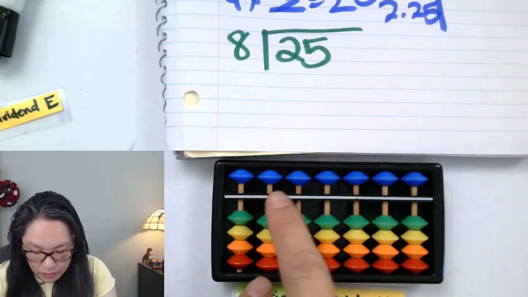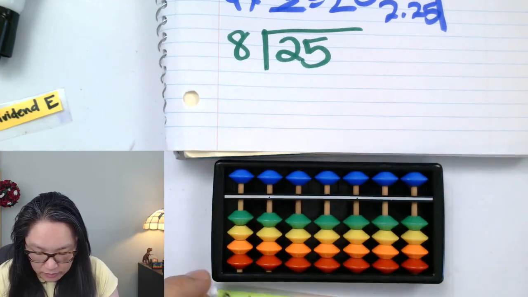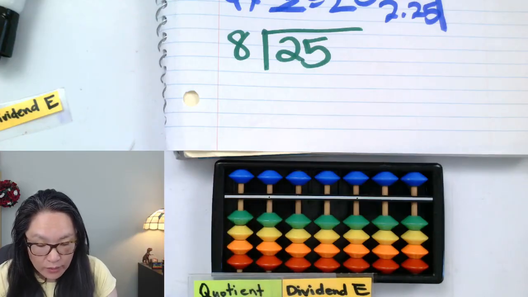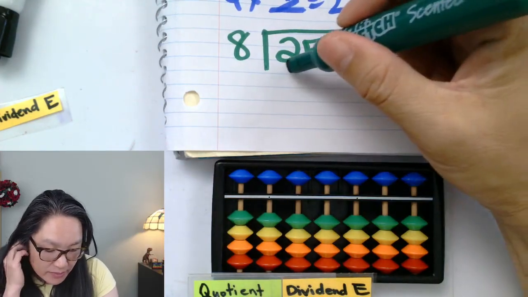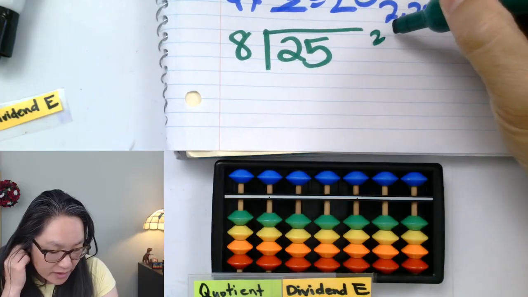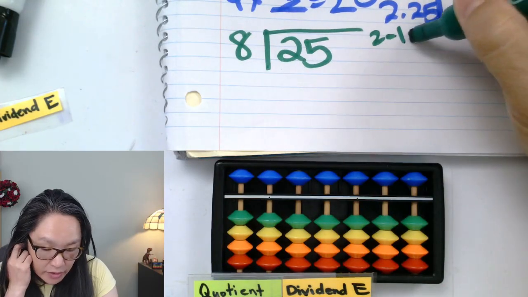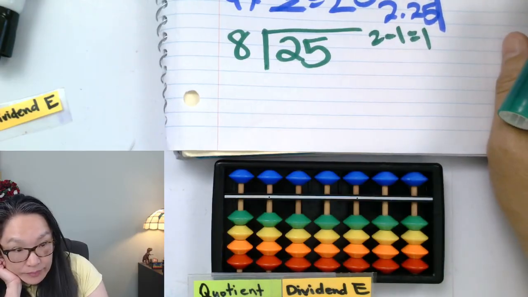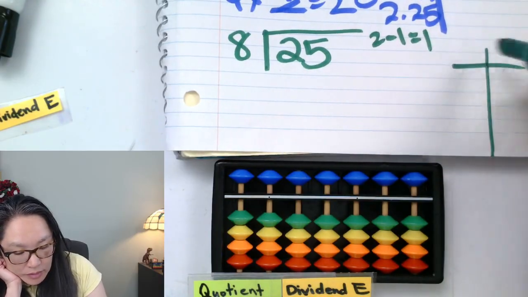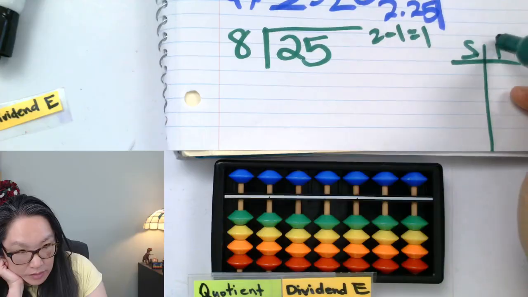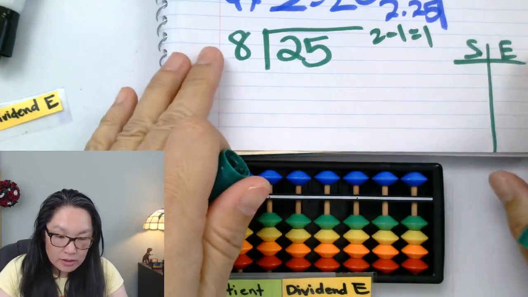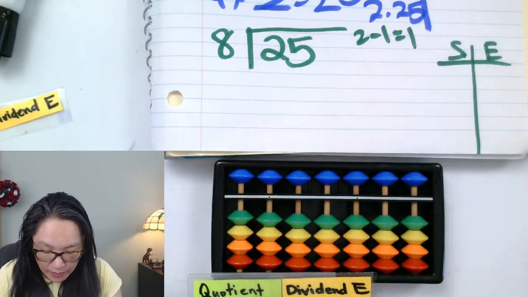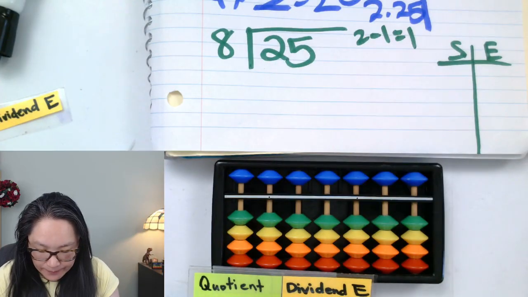Our place value is 1, so we're going to put it here. My dividend is 2 digits, my divisor is 1 digit, so my starting point is 1. We remember that? Yeah, okay, good. So now we do a comparison. Do you remember how to compare? What am I comparing? You tell me.